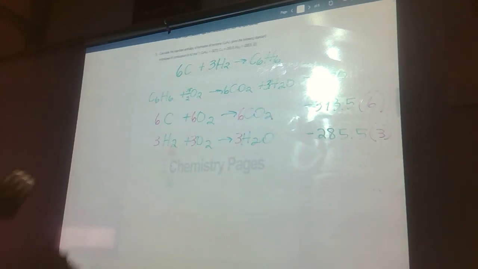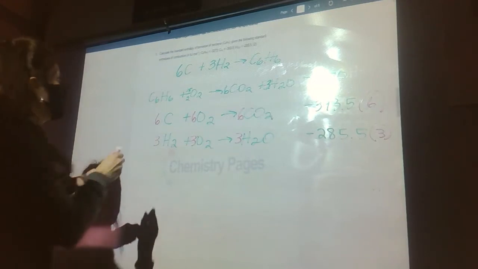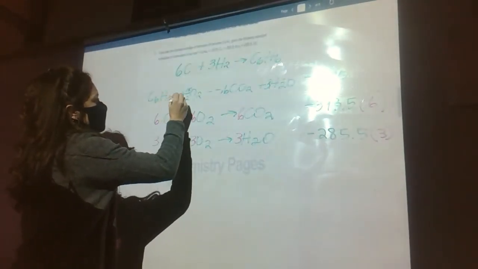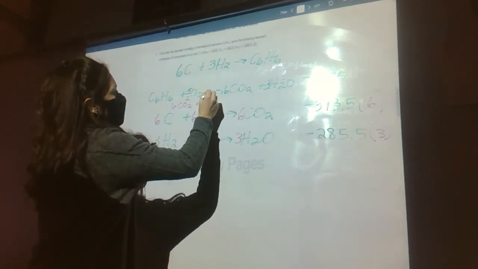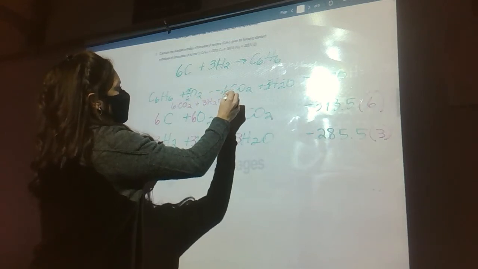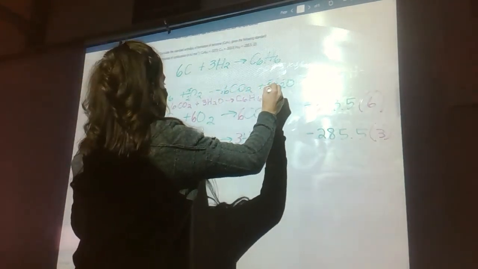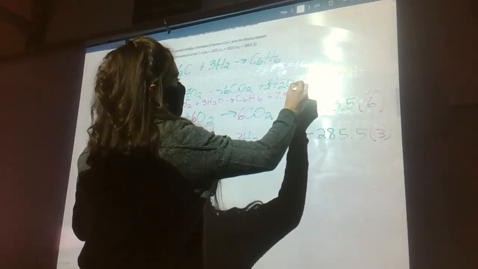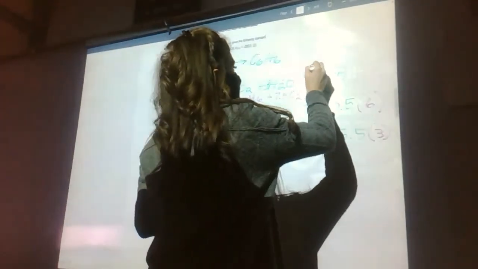And I need C6H6 to be a product, so I'm going to flip this whole thing to be 6 CO2s plus 3 H2Os. And 15 halves of an oxygen I'm going to write as 7.5 oxygens to make it simpler. And if I flip that, I just need to flip the sign here.